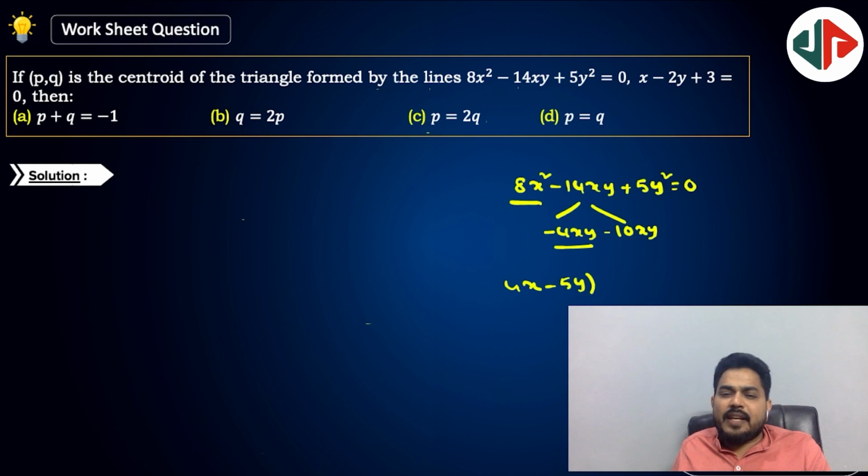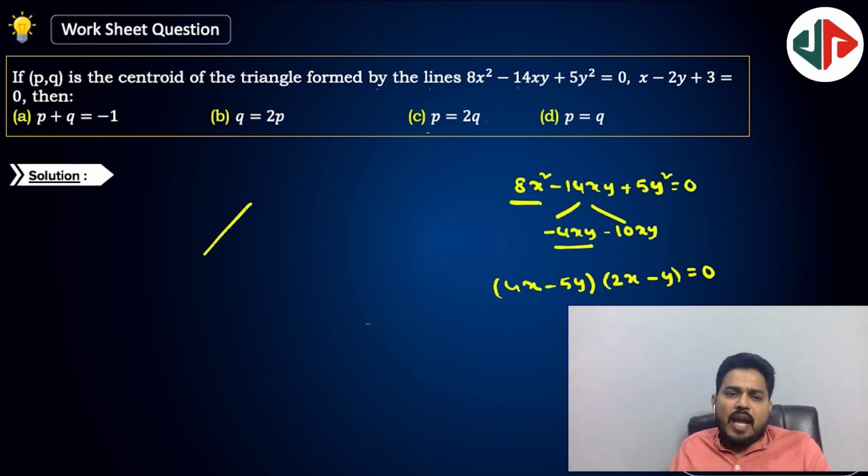So I can write it as 4x minus 5y into 2x plus y is equal to 0. How? 8x square minus 10xy, and it should be minus. It should be minus.